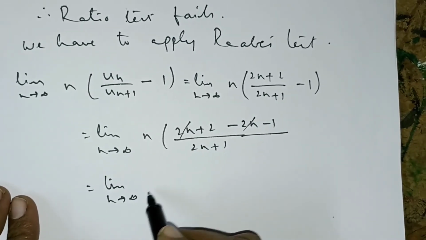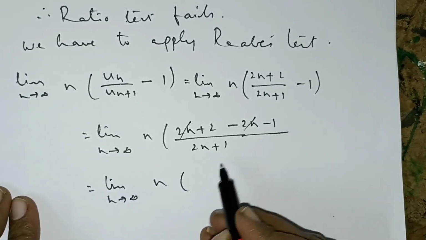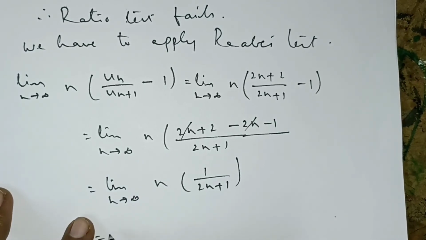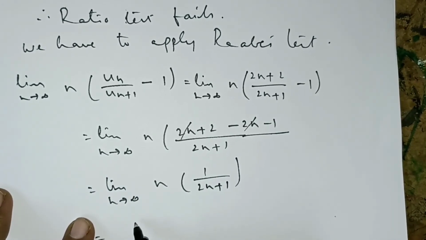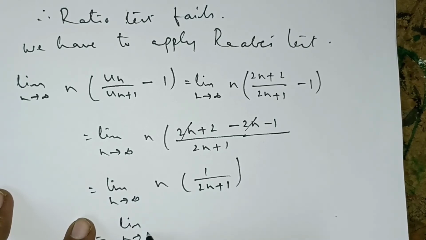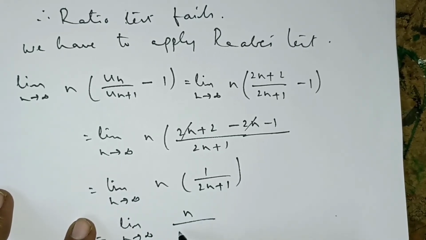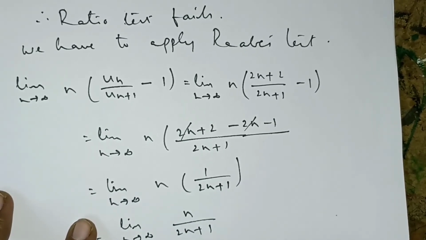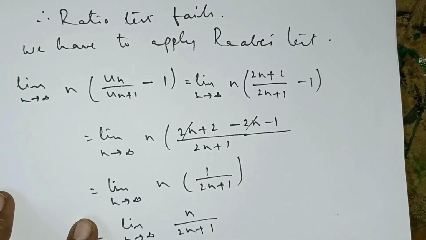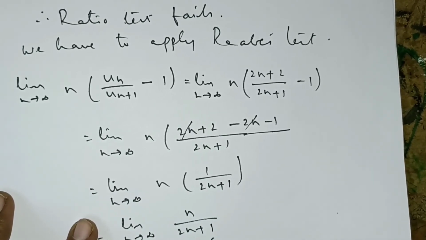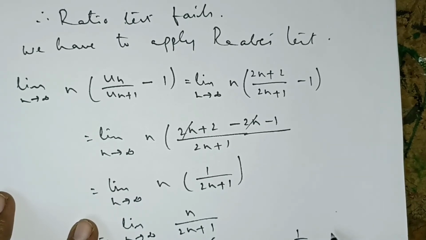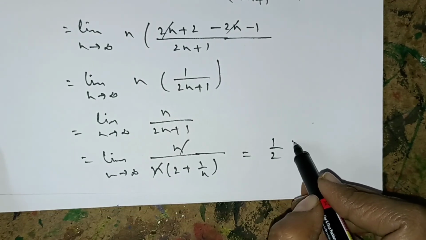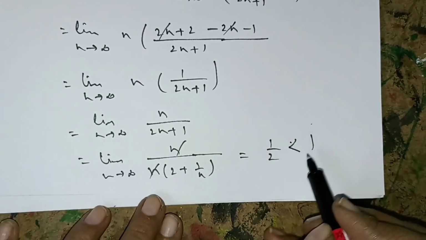So we get limit n tends to infinity of n into 1 by 2n plus 1, which is n by 2n plus 1. Taking n common and cancelling, we get 1 by 2 plus 1 by n. Now if you apply the limit, we get 1 by 2. Is 1 by 2 less than 1 or greater than 1? 1 by 2 is less than 1.